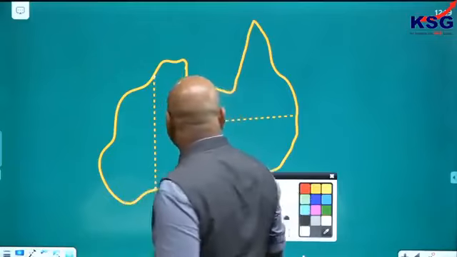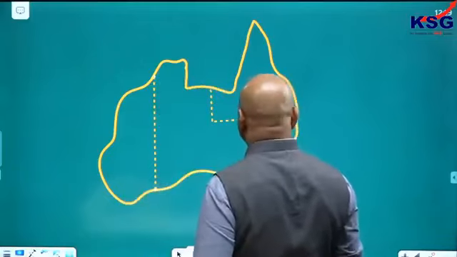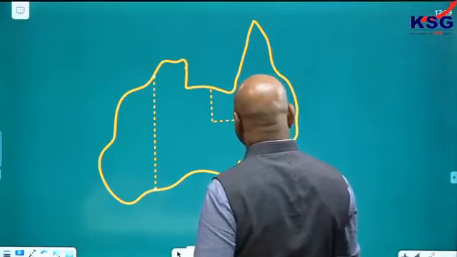Here you see the political map. This is Australia here.